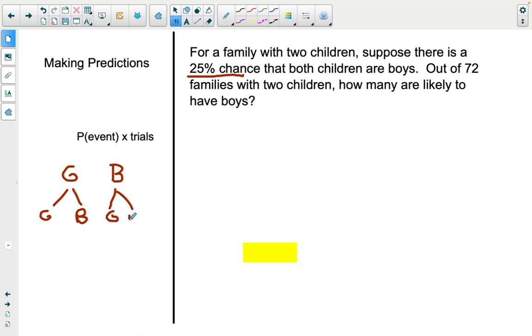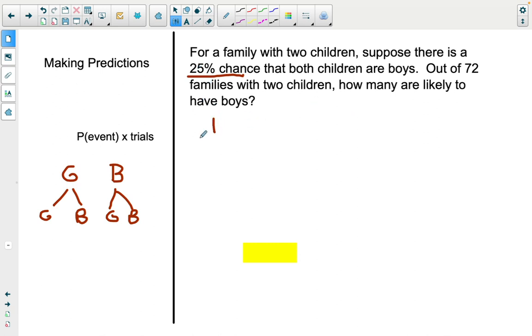So we have 4 potential outcomes according to this. Girl, girl, girl, boy, boy, girl, boy, boy. And out of those 4 outcomes, 1 is boy, boy. So 1 out of 4 or 25% chance.